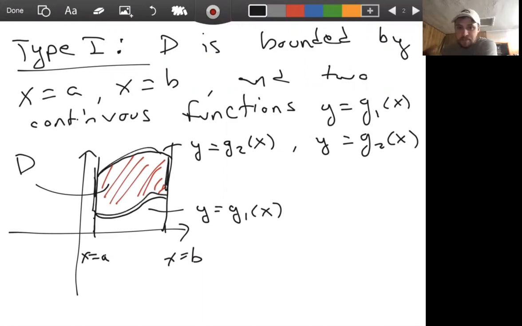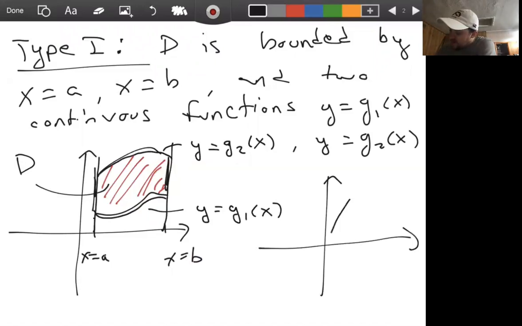And type 1 basically means that the x bounds are constant and the y bounds are functions of x. Okay, and so another example is where the functions can intersect. Say they intersect at a and b, and here we're technically not bounded by vertical lines, we're just bounded by points, right?